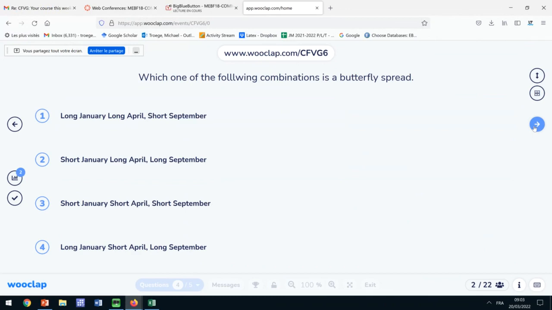If you want to place a bet on the curve becoming more curved, we will take 2 long contracts for the middle maturity and a short contract for the short and the long one. Because then, if prices go like that, we can make money.